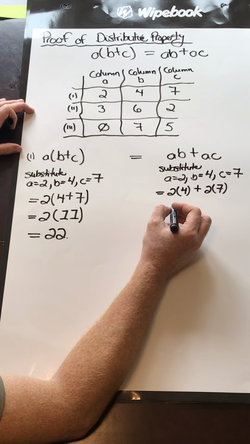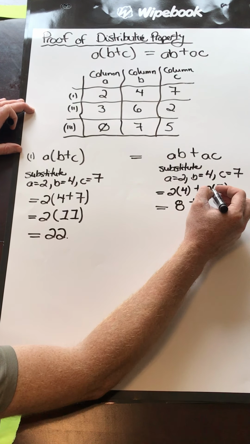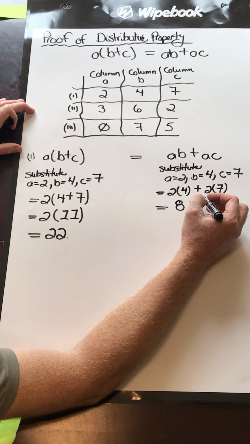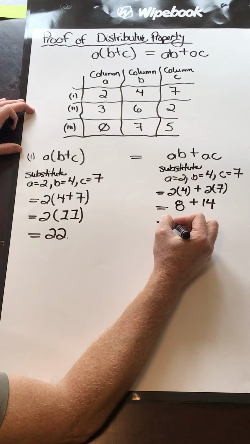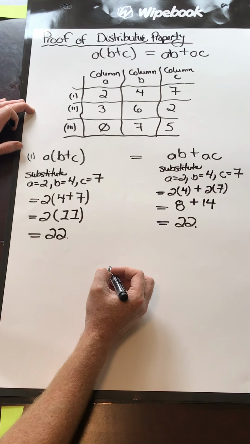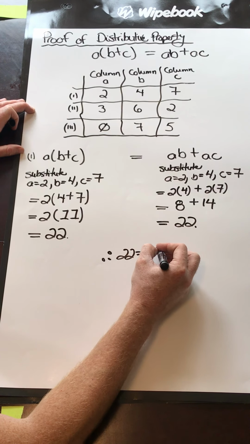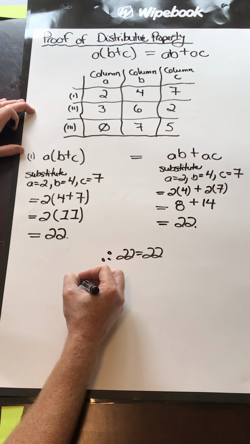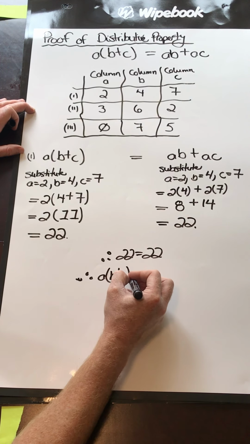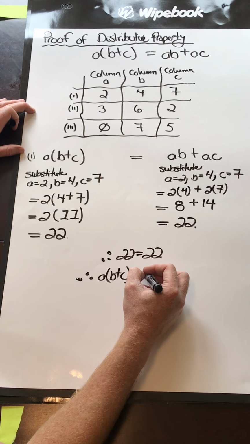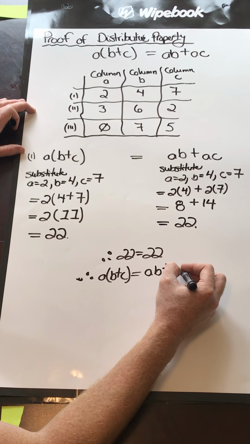Okay, and I'm going to simplify. 2 times 4 is 8, plus 2 times 7 is 14. And 8 plus 14 is 22. So therefore, 22 is equal to 22. Therefore, A times bracket B plus C is equal to AB plus AC.